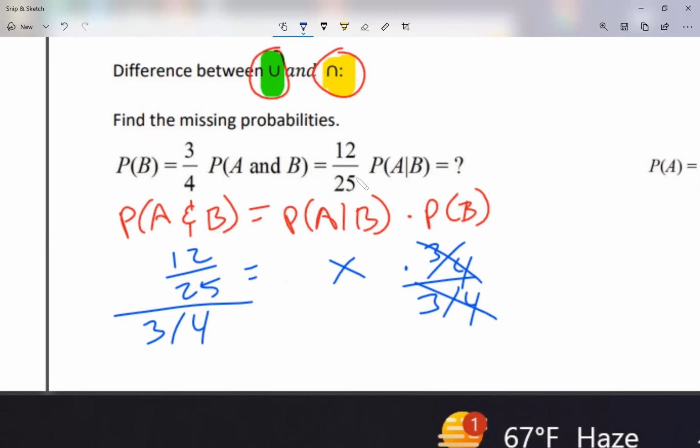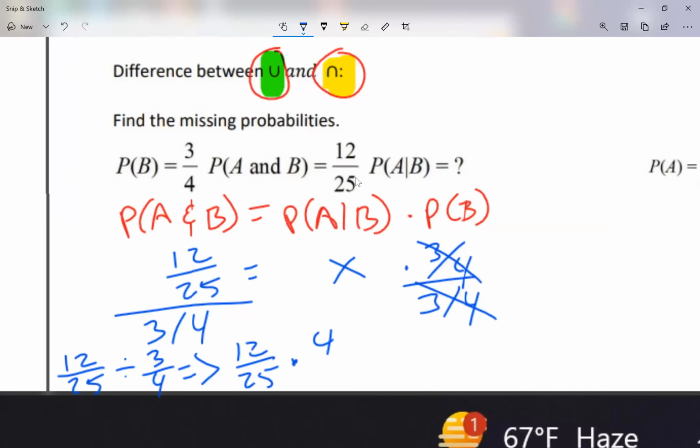12 over 25. For right now, let me do slow motion. 12 over 25 divided by 3/4 is the same thing as 12 over 25 times 4/3. Remember in division, we change it to multiplication. We do the reciprocal of the second fraction.